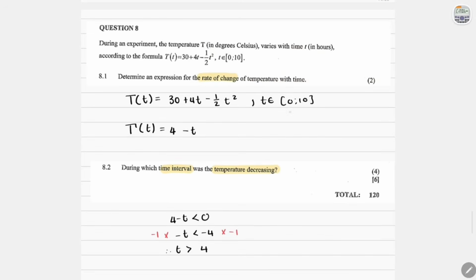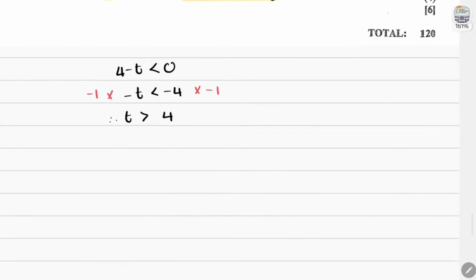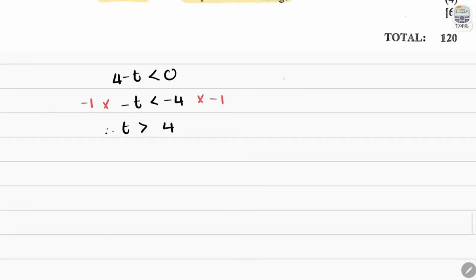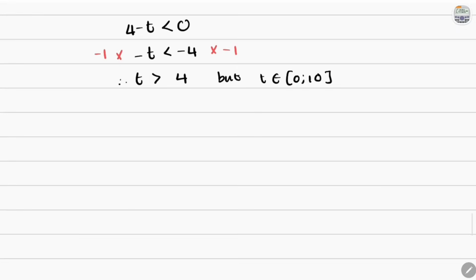But remember that t goes from 0 to 10, so we also need to remember the parameter they gave us. We know that t is an element of 0 all the way to 10. So think about the values that are greater than 4 within this interval: greater than or equal to 0, but less than or equal to 10.